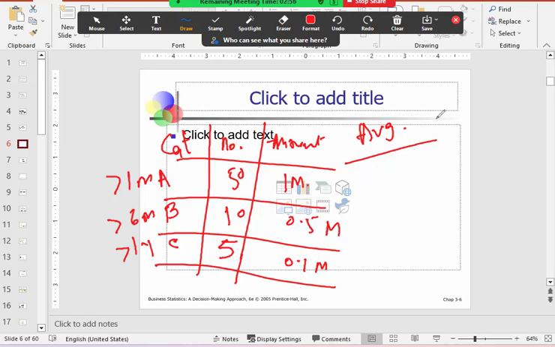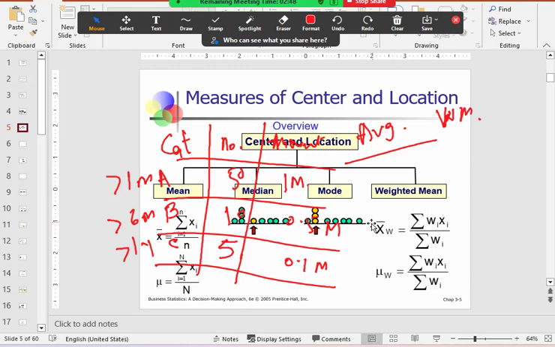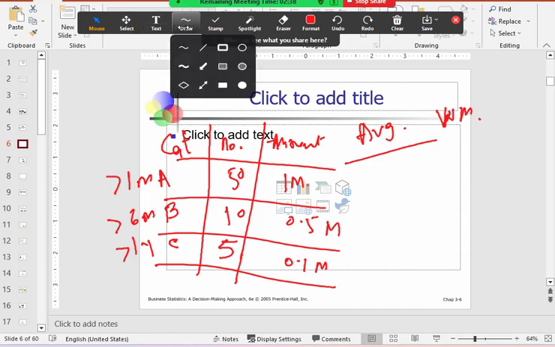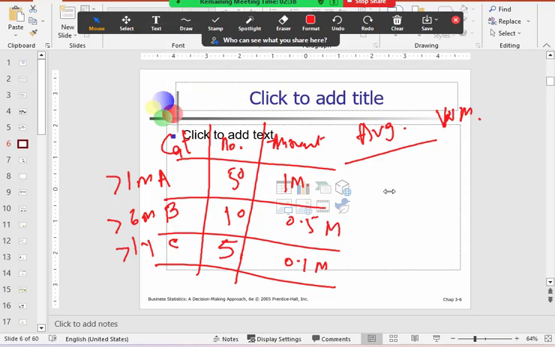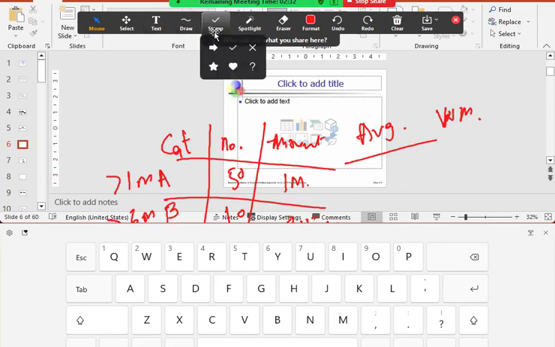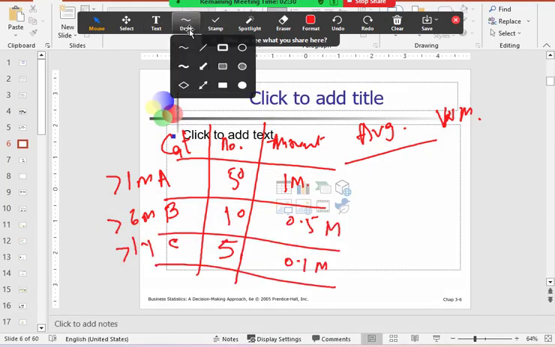So in this case we will use the weighted mean method. Let's go to the previous slide and see the formula and then solve it. So that is weight into the value divided by the sum of weights. So we'll come back to the formula again. Now I will try to write the formula. Let's come back to the diagram.